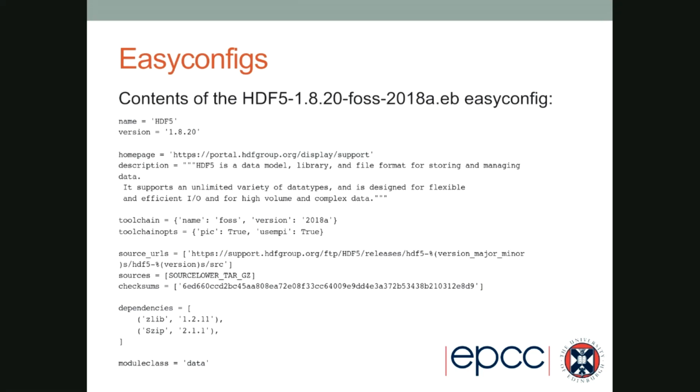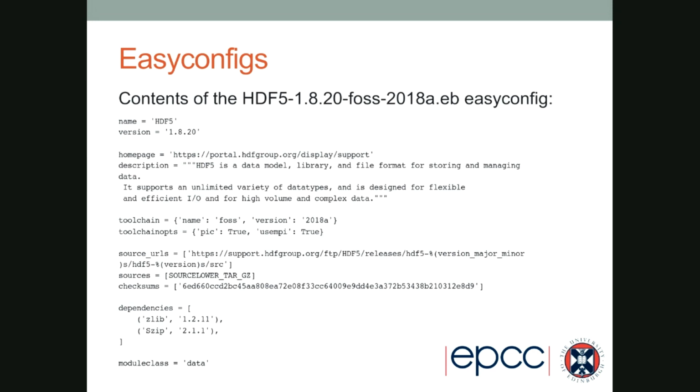So this is what the Easyconfig for that HDF5 installation would actually look like. I just copied and pasted it straight in here. You can see it's fairly simple. You can modify these themselves as much as you like, and it's fairly hard, I think, to go wrong here.